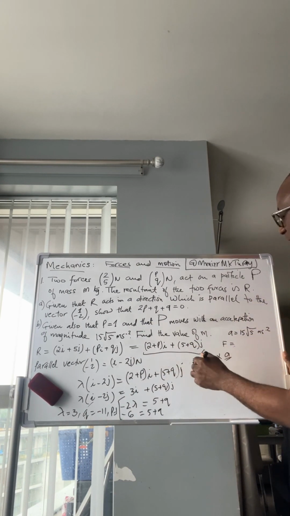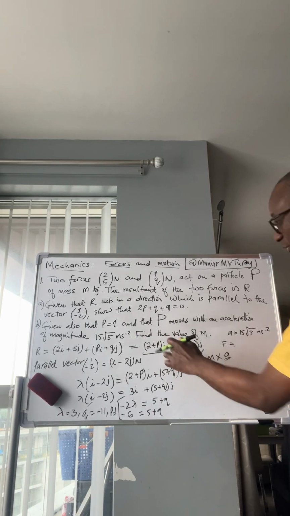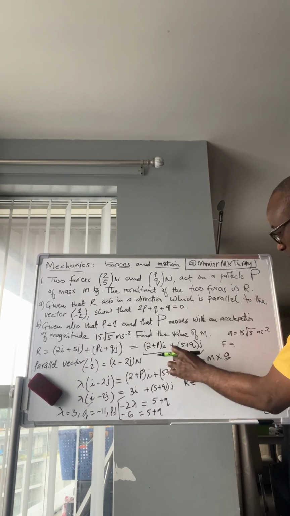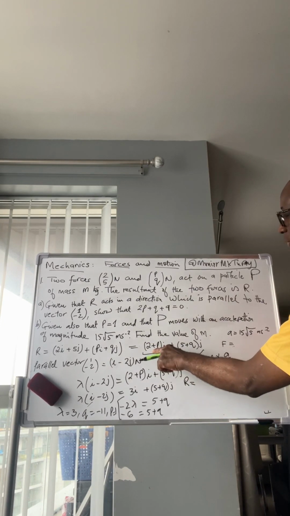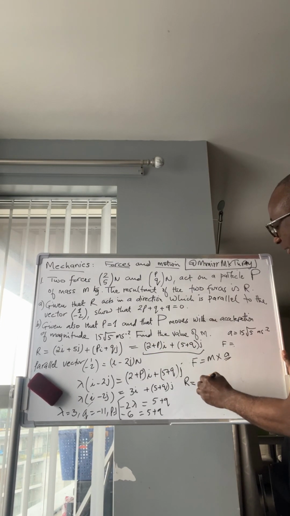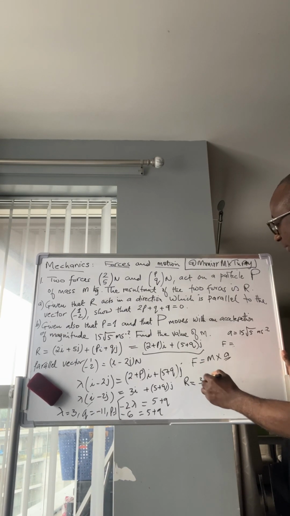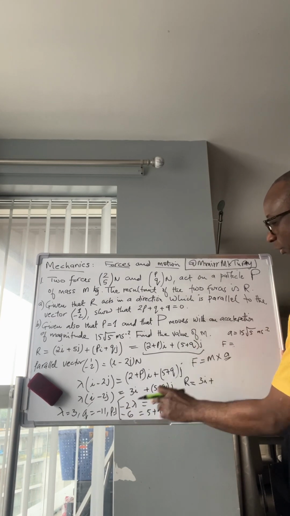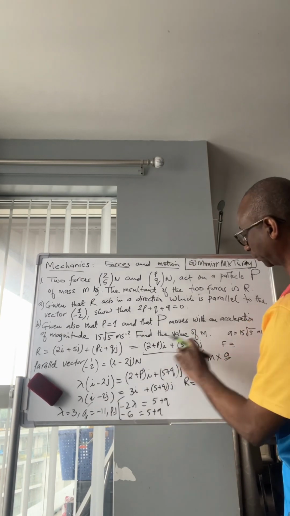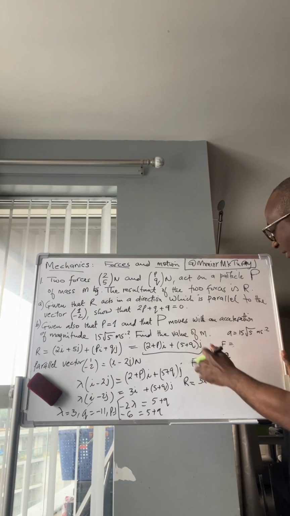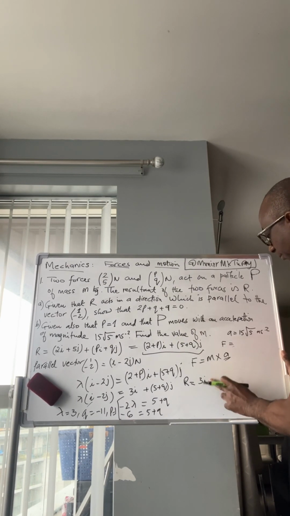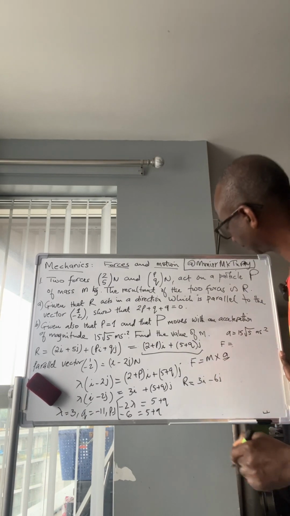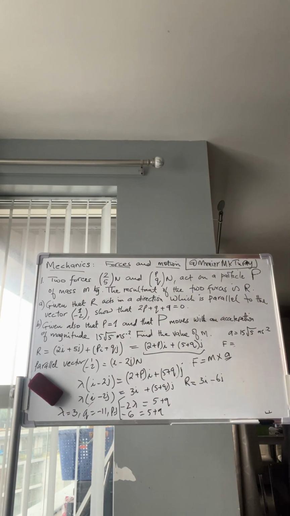So this force, the resultant force R, is equal to 2 plus 1, which is 3i, plus 5 minus 11, which is minus 6j. This is now the resultant force.